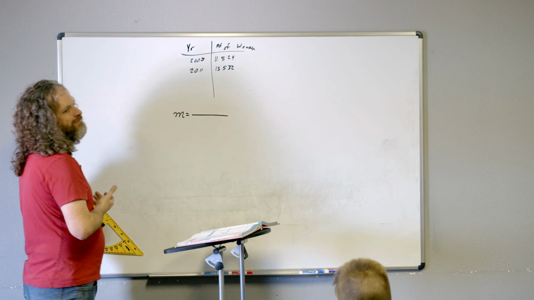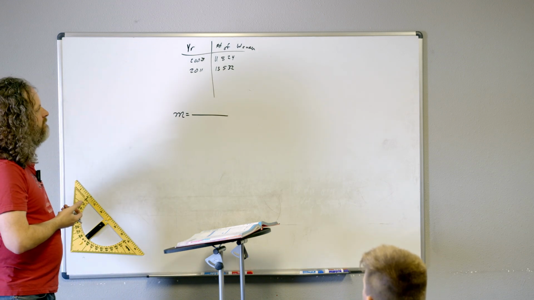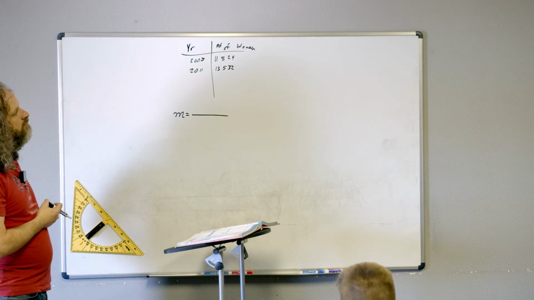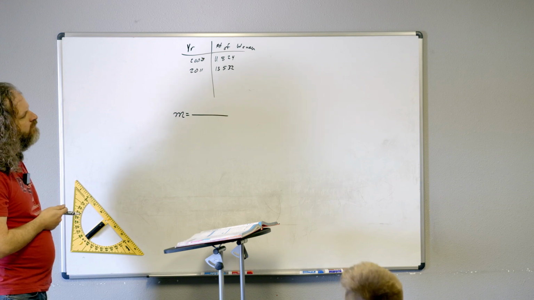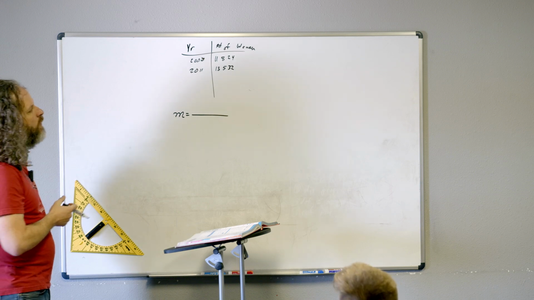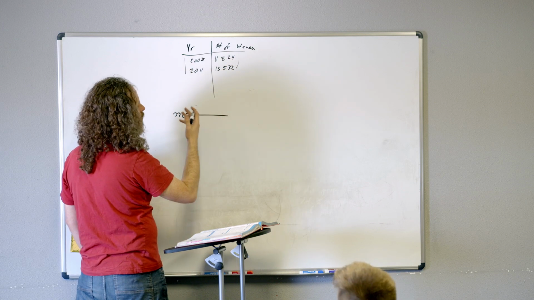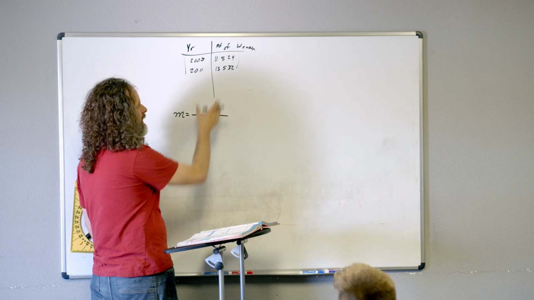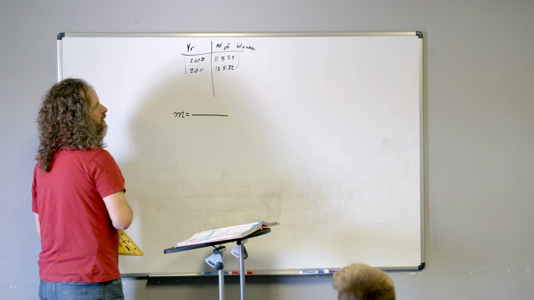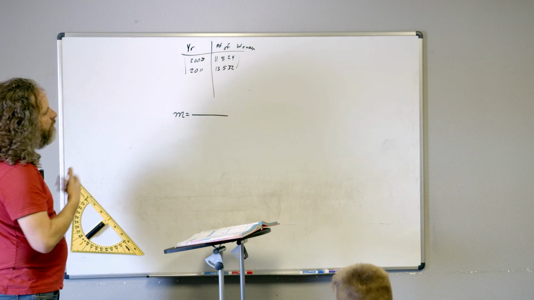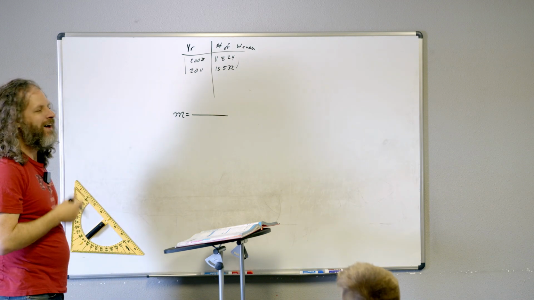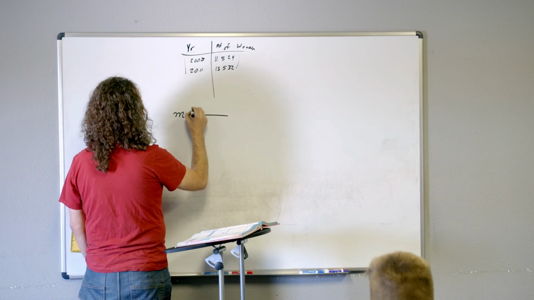Which one goes on the bottom? 2008 and 2011. You're right, we subtract these and we subtract those. Which one goes on the top, the years or the number of women? The number of women goes on the top.